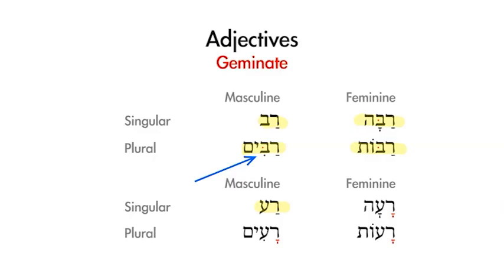In this instance, the original patach has now become qamets by way of compensatory lengthening, and there is no dagesh forte in the ayin. Have you ever seen a guttural consonant reject a dagesh forte? Yes. Have you ever seen compensatory lengthening from patach to qamets? Yes. So this is the application of two rules or patterns that you already know to this next category. There's nothing new here. We're only applying what you know to what you're seeing now.